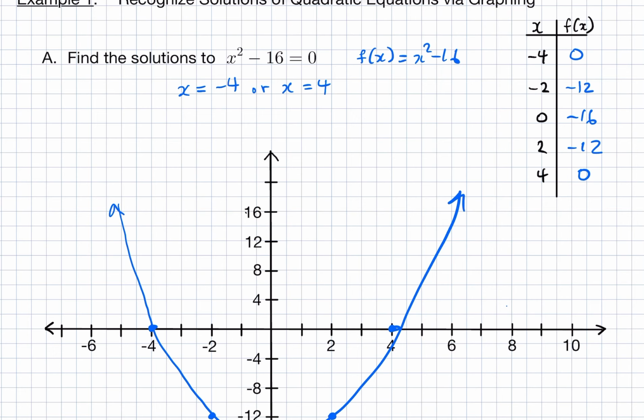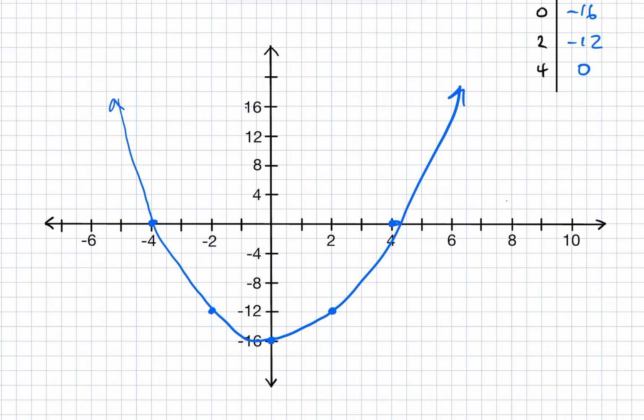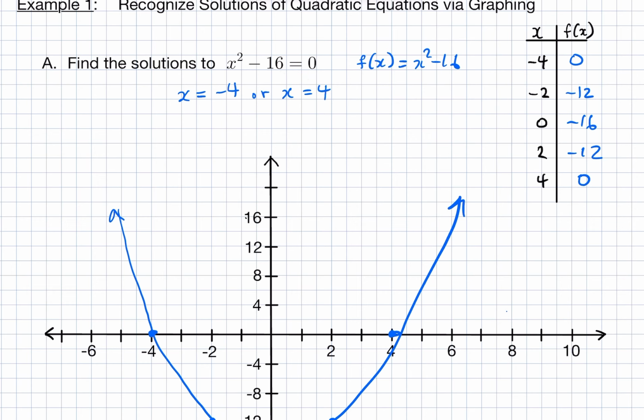You plug that in and it'll graph it for you, and you can visually take a look at the graph and see where it intersects the x-axis, and you'll see that it'll give you a graph that looks just like this. Okay, so that is the most basic way of solving for a quadratic function when it's set equal to 0. Okay, so this is called solving by graphing.